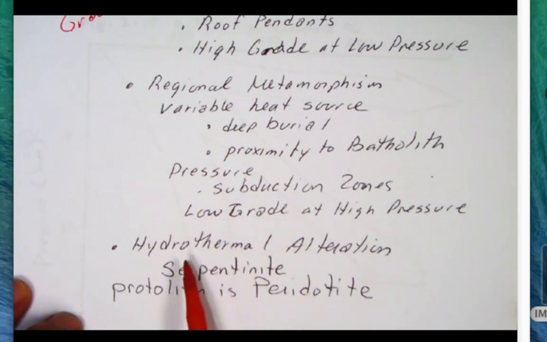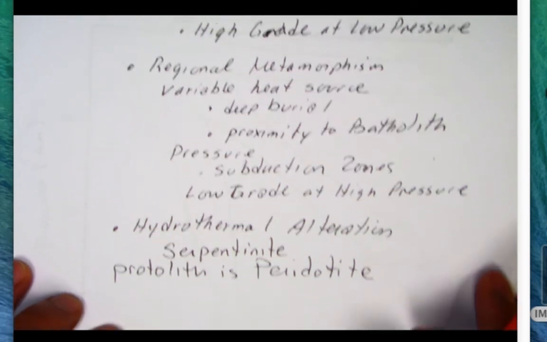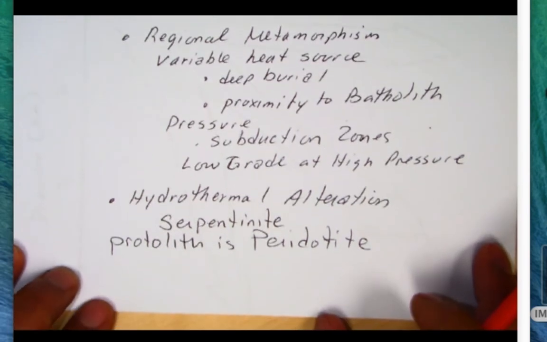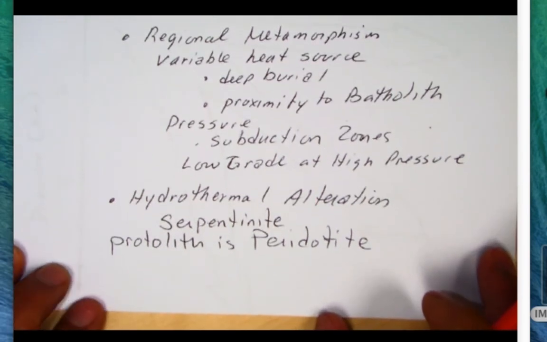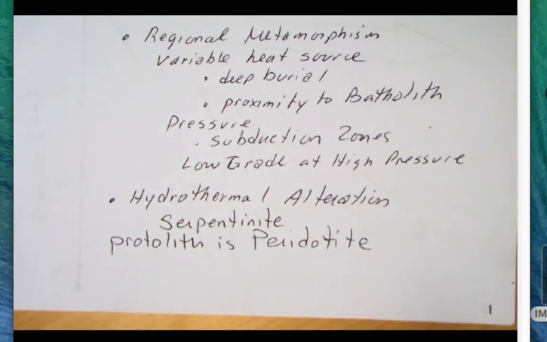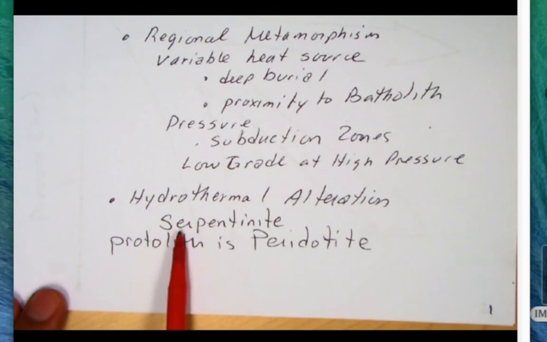Now, in terms of this hydrothermal alteration, well, this primarily is occurring at mid-oceanic ridges where seawater percolates into the ocean lithosphere and alters the rock, and it often alters the mantle rock there, and we make the California state rock called serpentinite. So serpentinite is really a metamorphic rock whose protolith was peridotite.